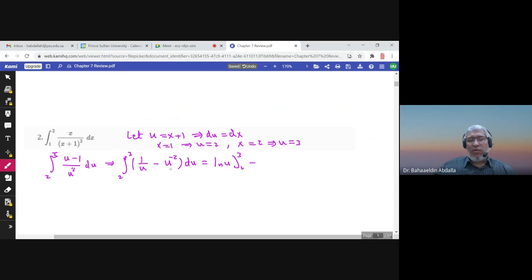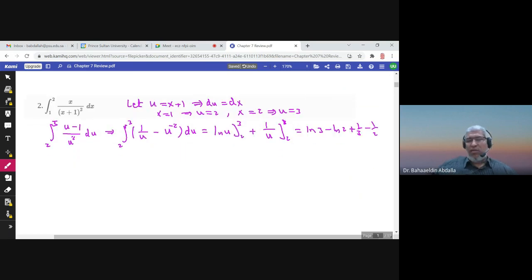And the integral of u to the power negative 2 is negative, so this would be positive 1 over u, from 2 to 3. And then the answer would be ln 3 minus ln 2 plus 1 over 3 minus 1 over 2.